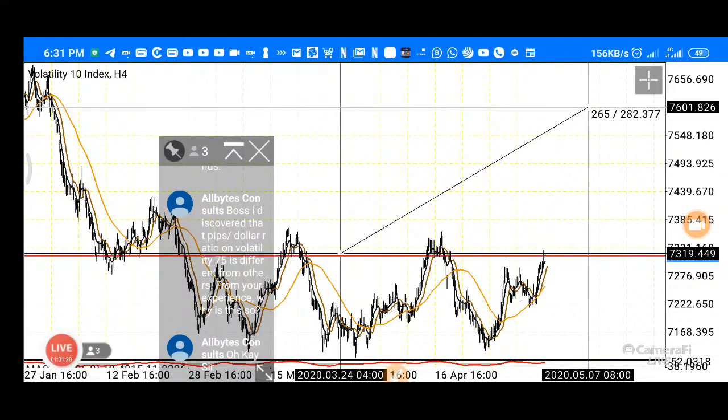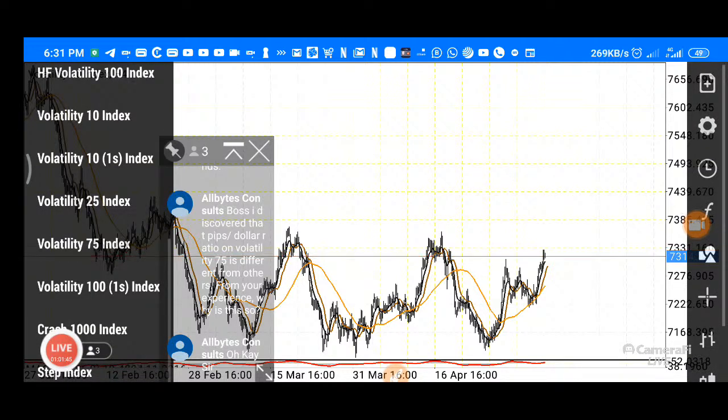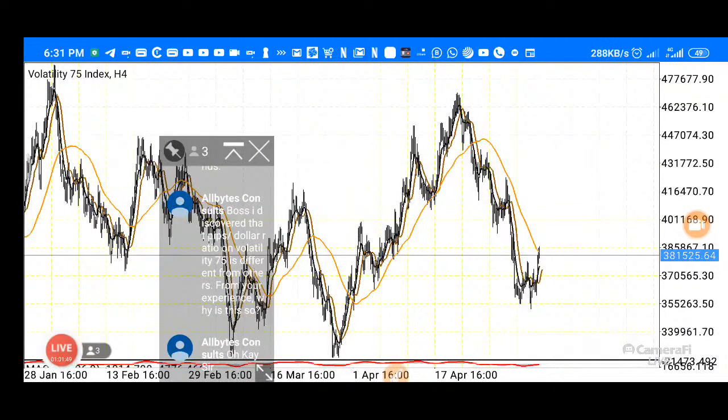On this same move on V75, you would have thousands of pips. And this is only 282 pips here. So that's why. So let's continue. I hope you understand. Okay, yeah, you've replied. Thank you.